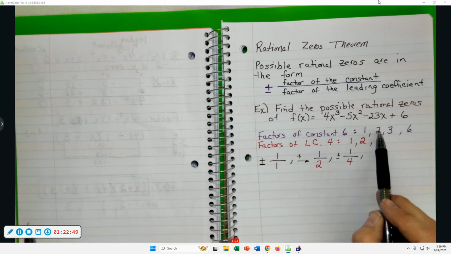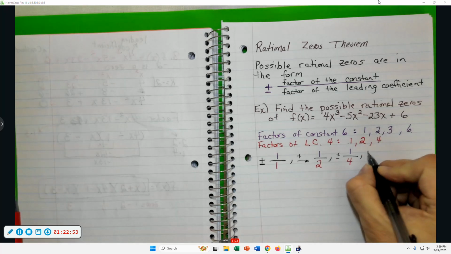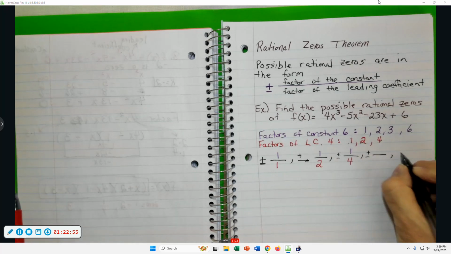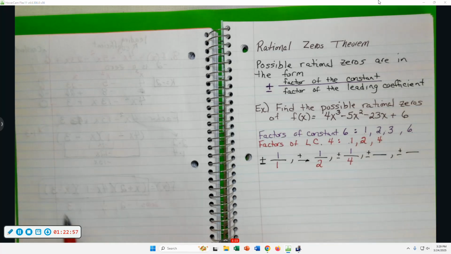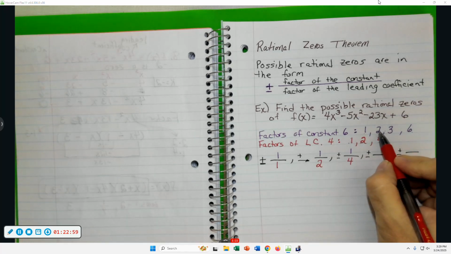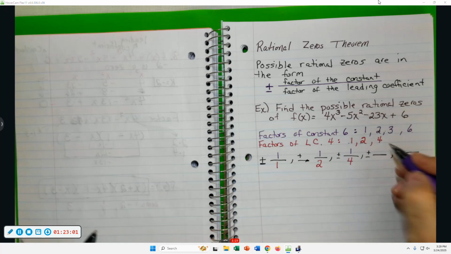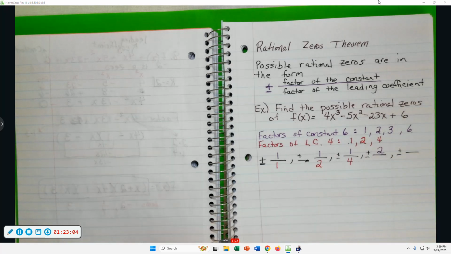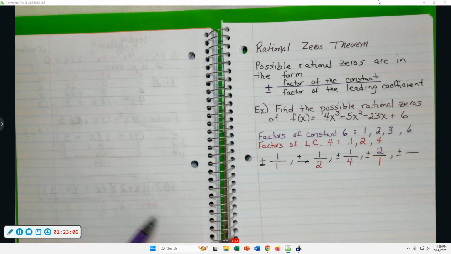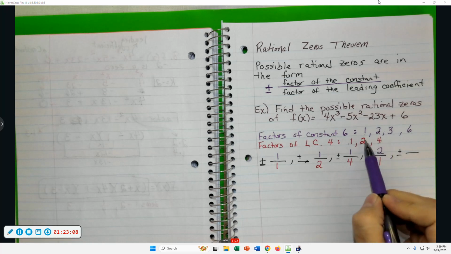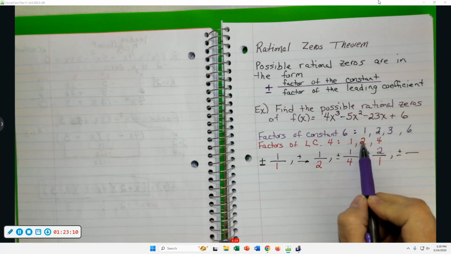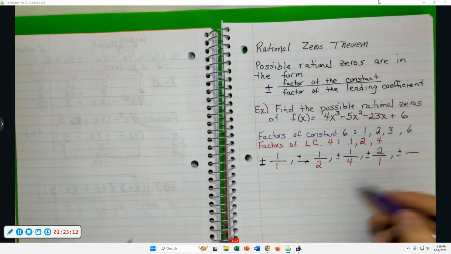Now we go on. 2 over 1, 2 over 2, 2 over 4. Let's see. 2 over 1. 2 over 2, if you're really sharp with this, you could probably just not bother writing that.